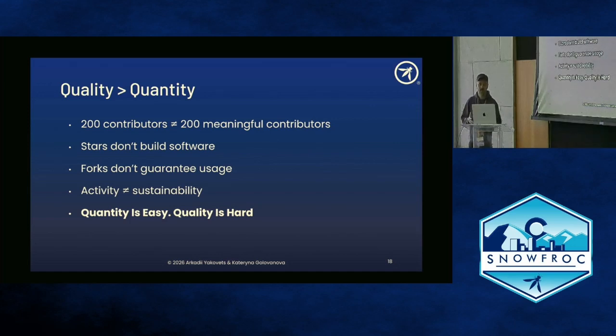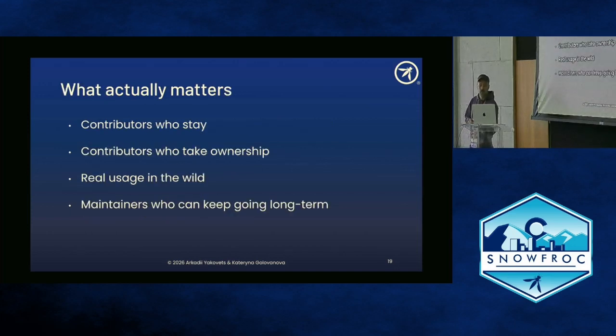The bottom line, I would like to emphasize: quantity is easy and quality is pretty hard. What actually matters for you as a project leader is contributors who stay and take responsibility for some piece of your project, take ownership. And as maintainers, you would like ones who are able to go with you long term.